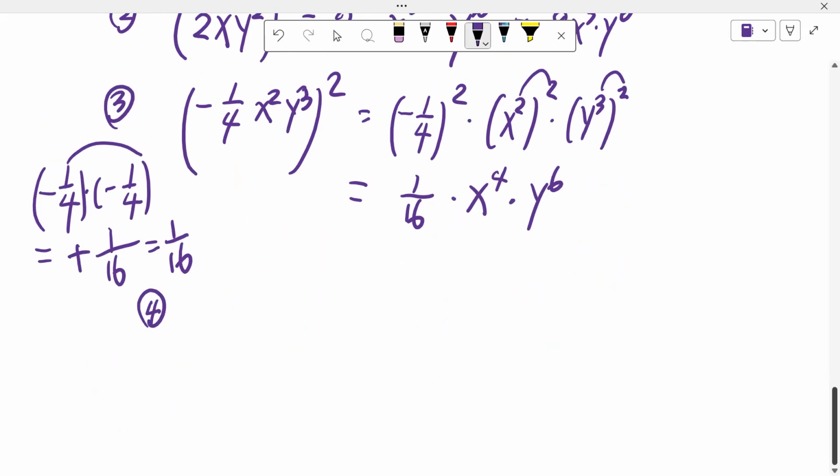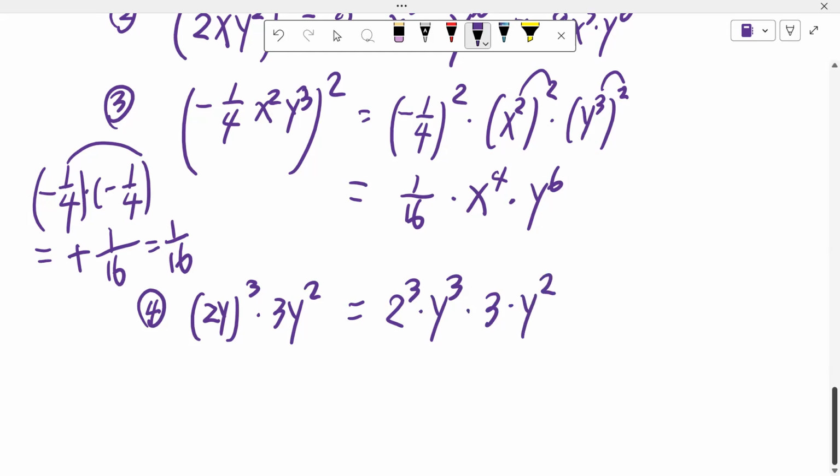And let's take a look at this. Let's say we got 2y cubed minus 3y squared. Now we'll simplify the first parentheses. So 2 cubed times y cubed times 3 times y squared. And 2 cubed is 8.